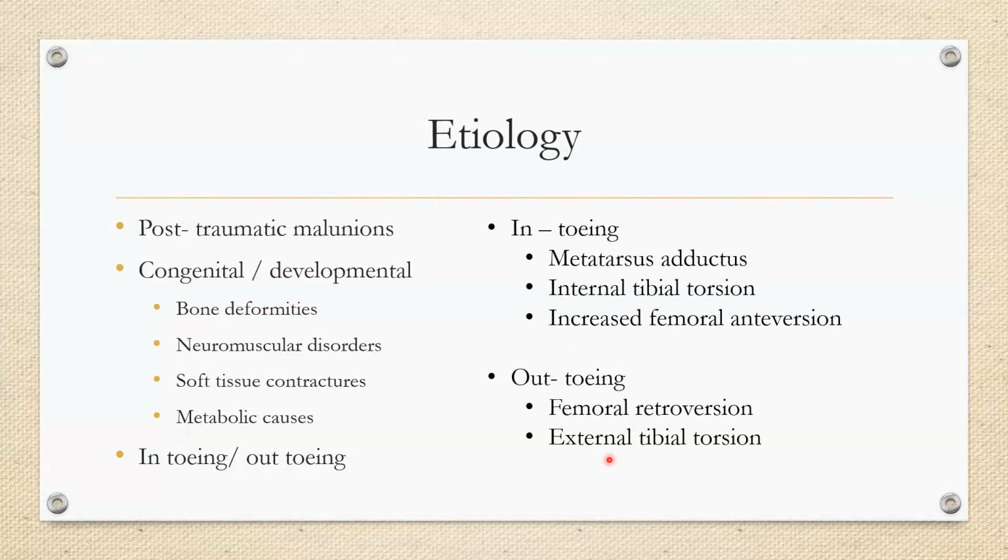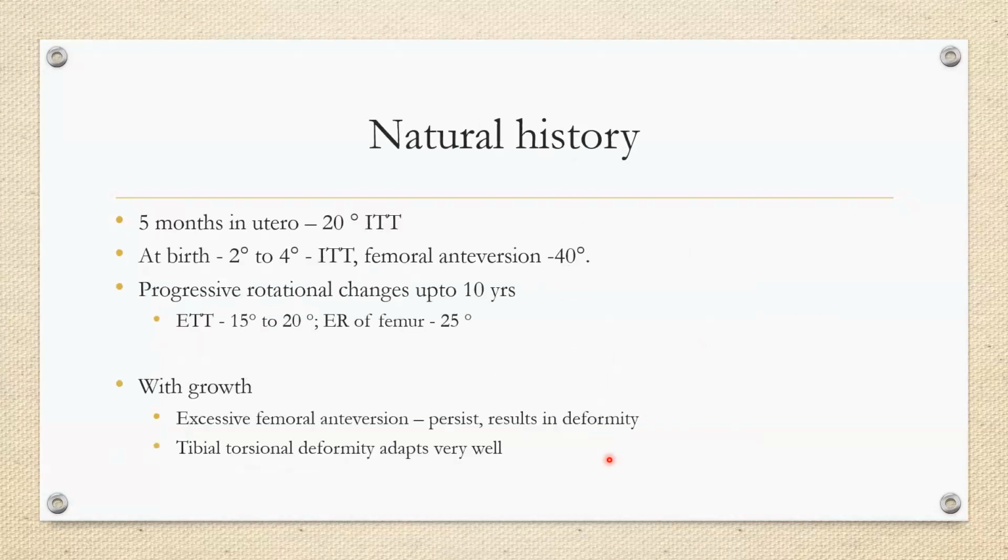Just quickly about the natural history of rotational changes in the lower limb. At 5 months of intrauterine gestation, there is internal tibial torsion of 20 degrees, which corrects to 2 to 4 degrees of internal tibial torsion at birth. However, at birth there is a femoral anteversion of up to 40 degrees.